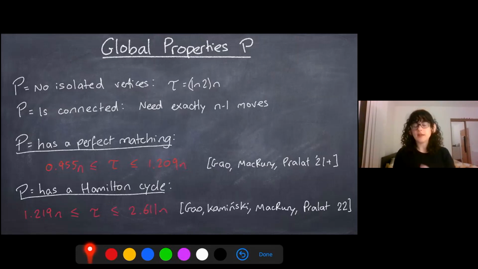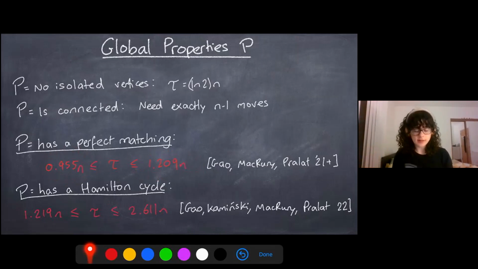And I should say that in this context, what I mean by much less than or much greater than the threshold is that if you have some smaller constant times n, then no matter what your strategy is, in that number of time steps, you can't make the thing. And if you have some larger constant than this times n, then there exists a strategy that you can use to make the property happen.